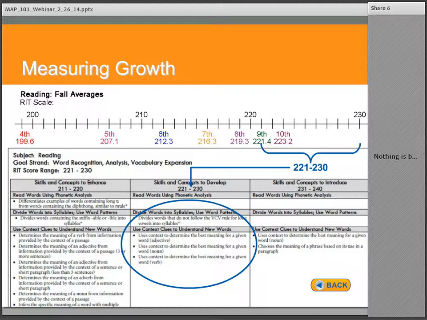Now, the skills that are located above in the 230 to 240 range are skills and content that we can move towards. They only know about 25% of those particular indicators, but those are things that they will learn in the future as they grow and continue to move to the right. It's always move to the right, move to the right, move to the right.